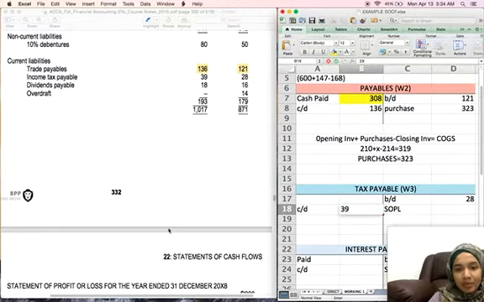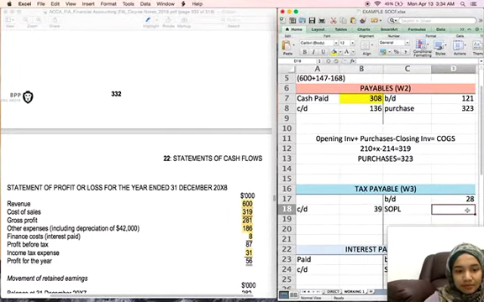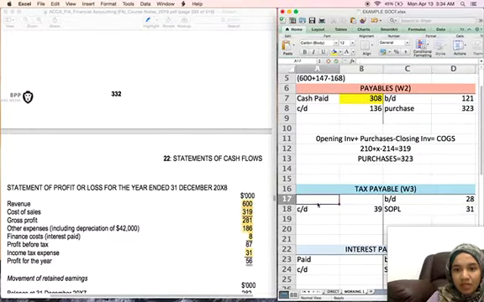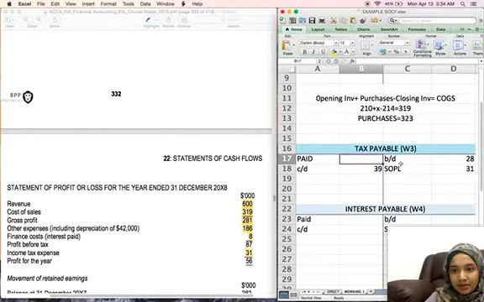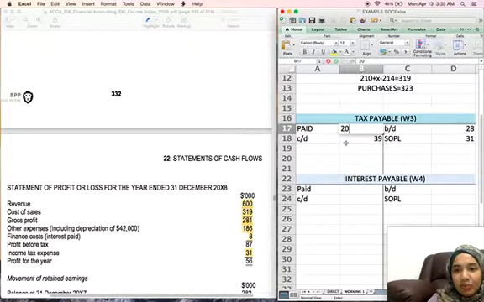So, in the SOPL, how much tax do we have? 31. So, how much did you pay? Paid. How much is it? Can you find it? 28 plus 31 minus 39. You will get 20. So, this is what you paid.